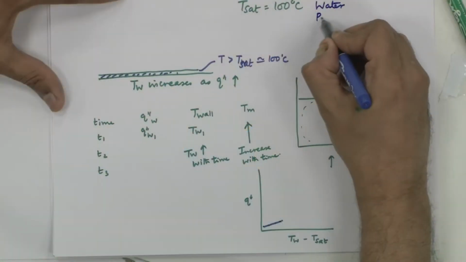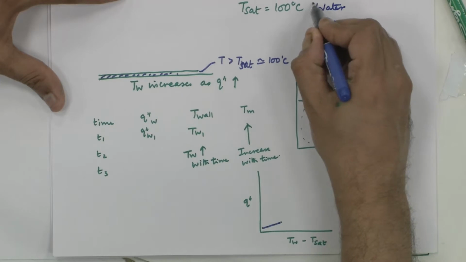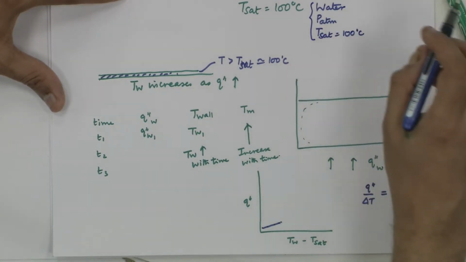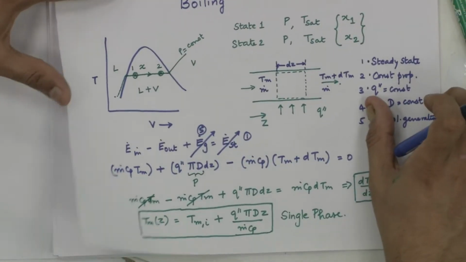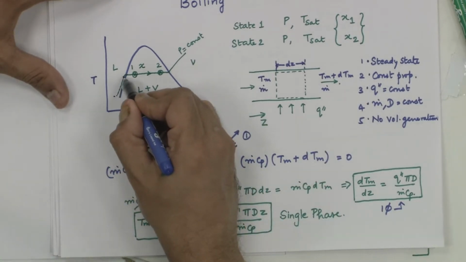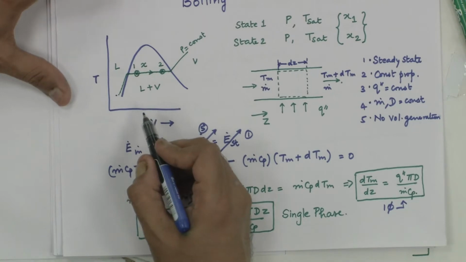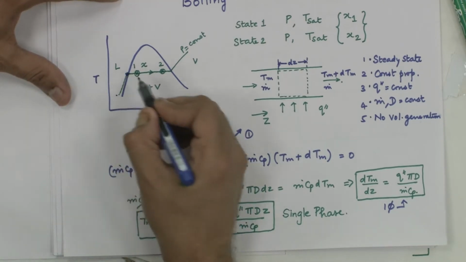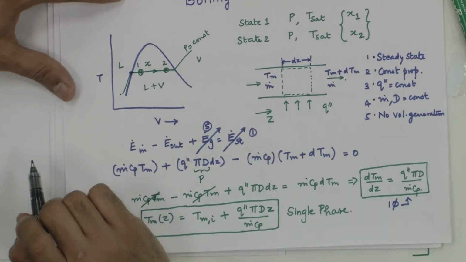When the wall temperature, remember we are talking about water which is at atmospheric pressure, the saturation temperature is 100 degrees centigrade, and please remember that in our basic thermodynamics, one of your earlier modules, we said if the pressure is held constant and I progressively increase the temperature, and let us do this for water at 1 atmospheric pressure, when the temperature reaches 100 degrees centigrade, you would start changing the phase from single phase liquid to single phase vapor.